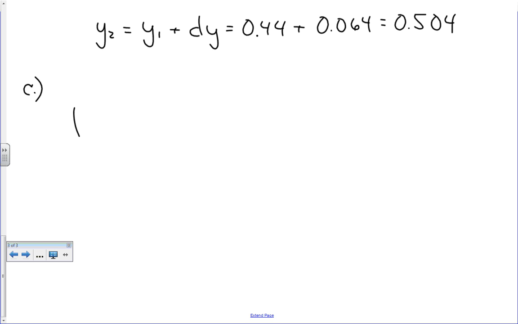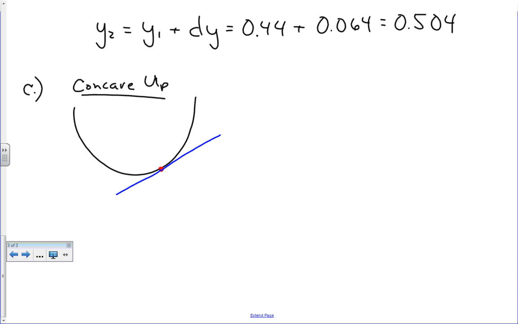But because my graph is concave up, which looks like this, if I pick some point on my graph and use the tangent line right there, which is, again, what we're basically doing here, we're using the tangent line to figure out the slope at one point to project what's happening at a different point.